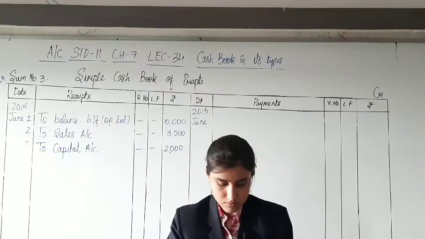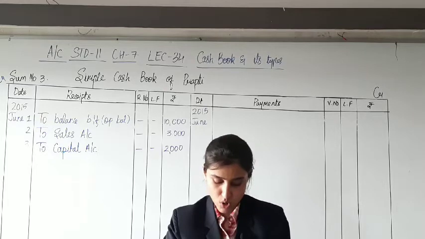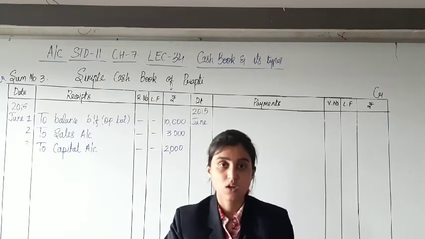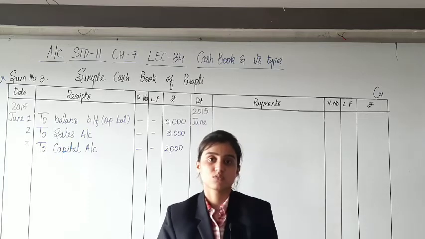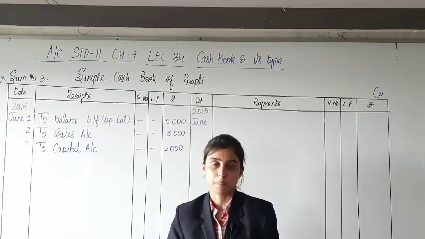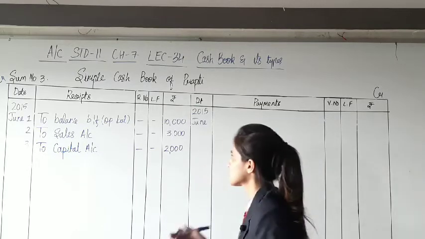Then cash purchase of rupees 6000 on 5th of June. It is cash purchase. If you have purchased something, that something is goods here always. If goods have been purchased, obviously you are supposed to pay.